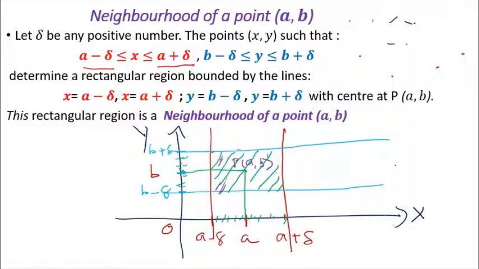That is what the definition also says. Let delta be any small positive number, like epsilon.